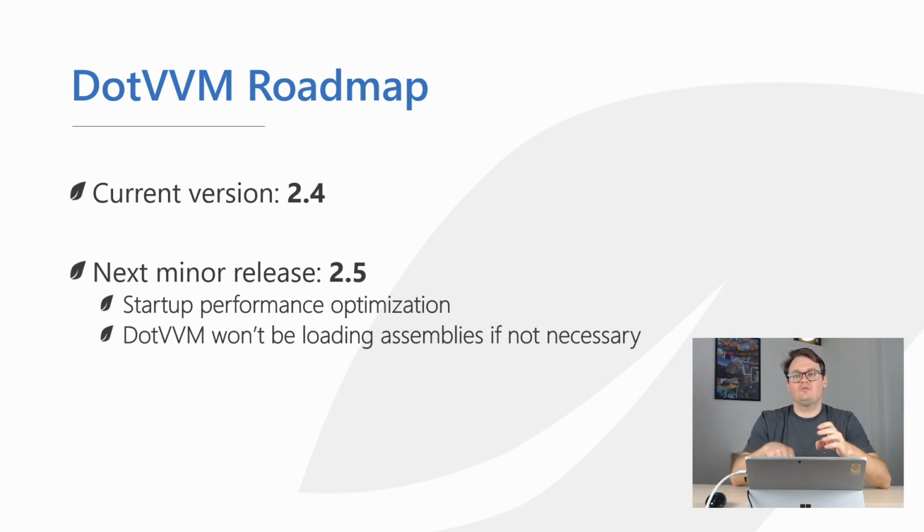Sometimes the project references some library, it's not used, so until you try to load it, it doesn't make a problem, even if the assembly is missing from the bin directory or if the version doesn't match. But since DotVVM tries to load all the assemblies on startup, it can fire these exceptions.